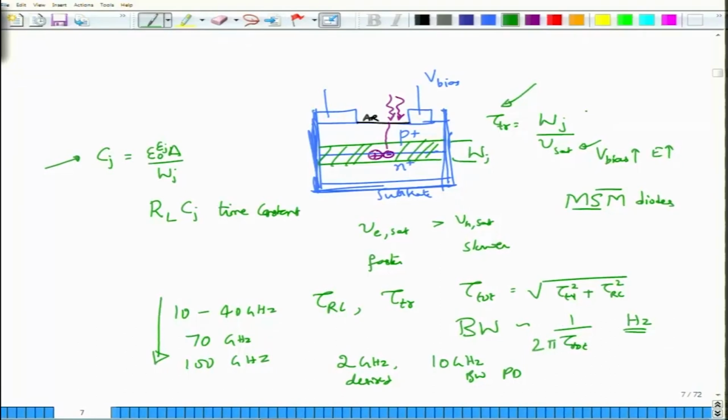Okay. But increasing Wj has a good thing, right. Increasing Wj will lead to lower Cj, of course increase transit time, and overall bandwidth will now be affected again. So, there is a certain optimum value of Wj that people use in order to balance out the required transit time tau Tr and the RC time constant tau RC.